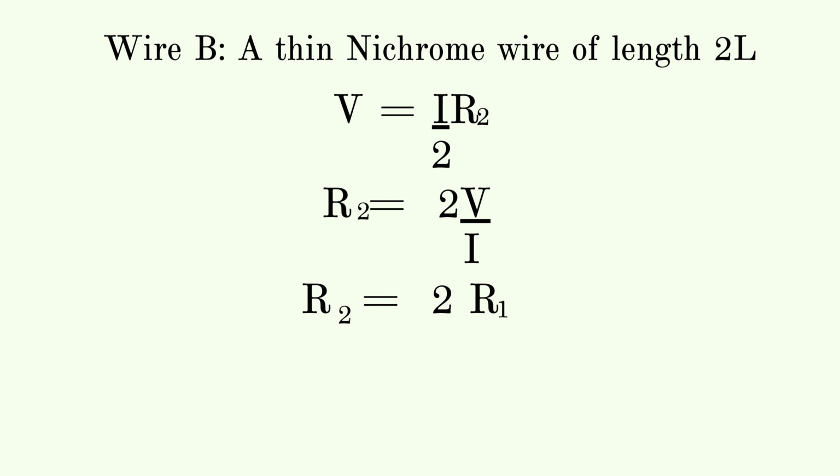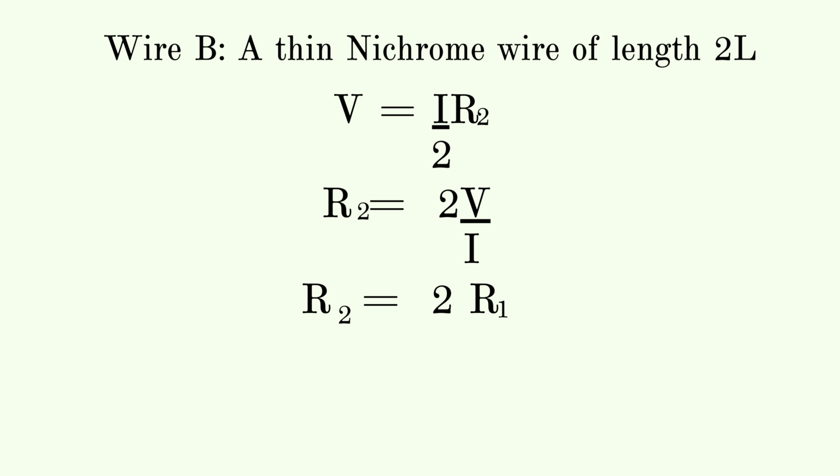Here we are going to observe what is happening to the resistance if we double the length of the wire, right? So for this wire we are going to take the resistance as R2. We have already recorded the reading of the ammeter for wire B, which says the current gets reduced to half.